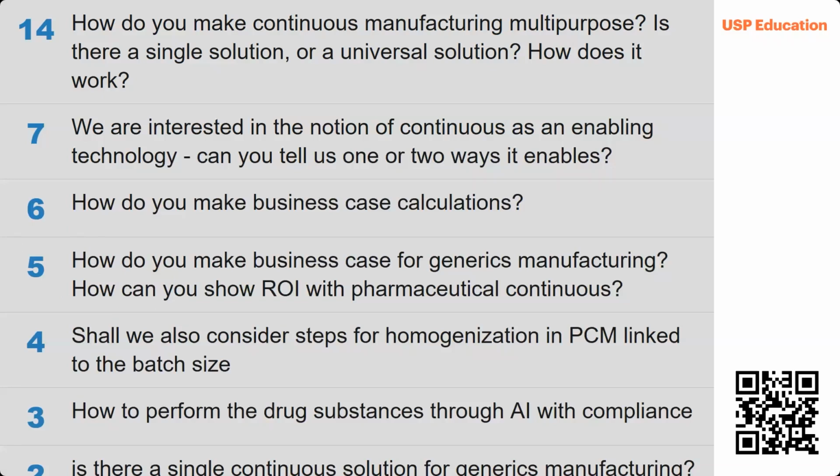You can have reactor modules of PFRs and CSTRs, and then downstream modules for continuous distillation, drying, and filtration. Based on the requirements of your chemical transformations, you can then plug and play those modules. That's how the industry has been doing it, and I think that's the way forward for the answer to this question.